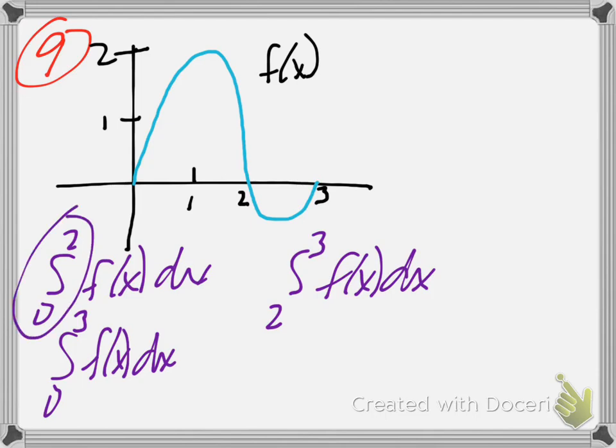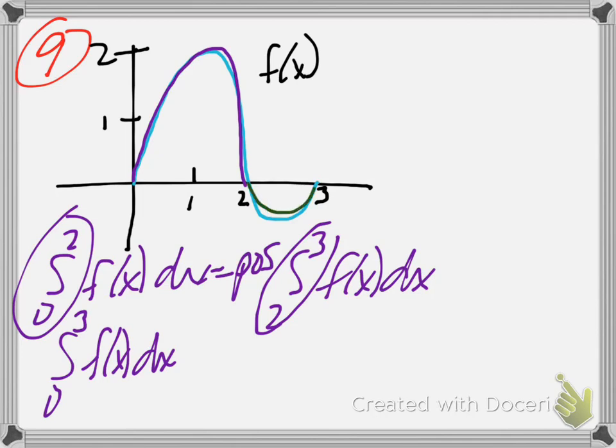Let's start with from 0 to 2. Well, if you go from 0 to 2, that's this piece up here, that entire area is positive, so I do know it's going to be a positive area. Okay, if I go from 2 to 3, let's look at that. 2 to 3 is located below the axes, so that would have to be a negative area.